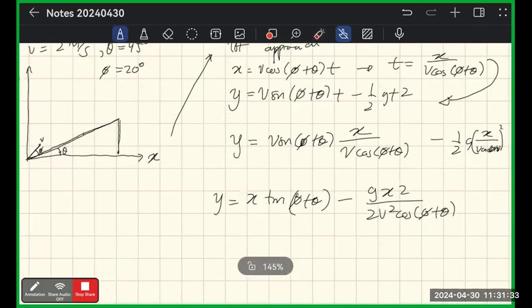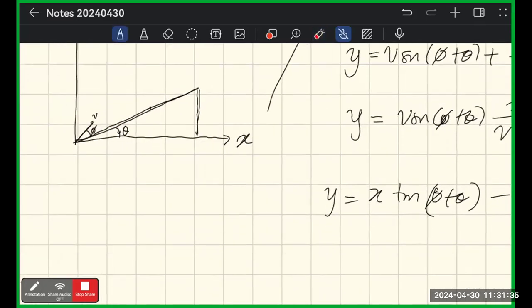Especially for this plane, because this is y and this is x, if this is the x and this is the y, you will always have tan theta equals y over x, which means y equals x tan theta.